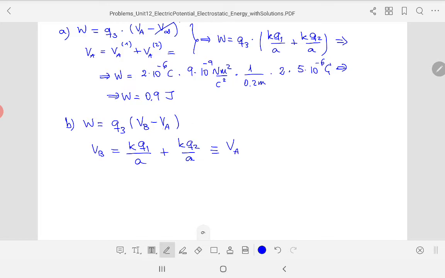So in fact, this difference of potential is 0. So this is Q3 times 0, which is 0.